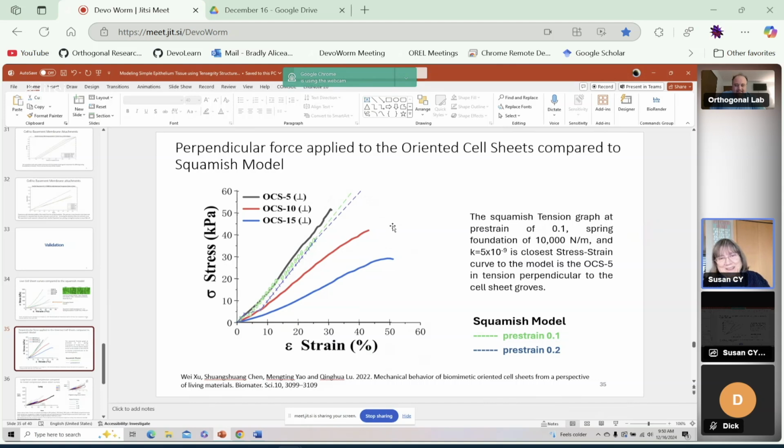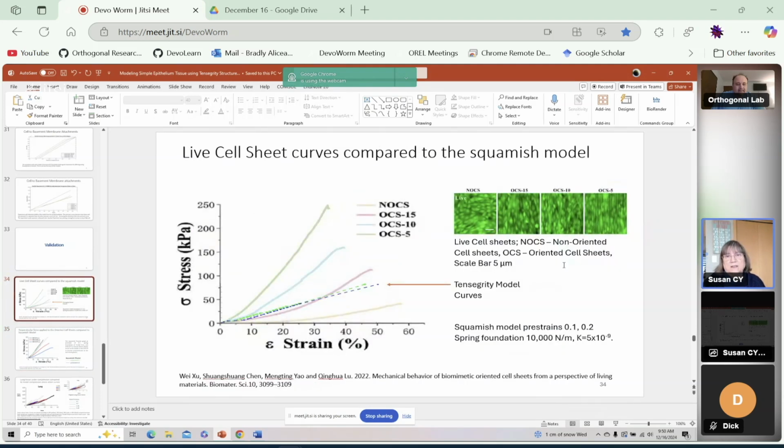So when you say a perpendicular force, you mean something that comes from the top or from the sides? Side to side, because these are oriented cell sheets, so they've oriented them in groups. So they're aligned. You can see it in the picture actually. These OC-5s are aligned along these groups.